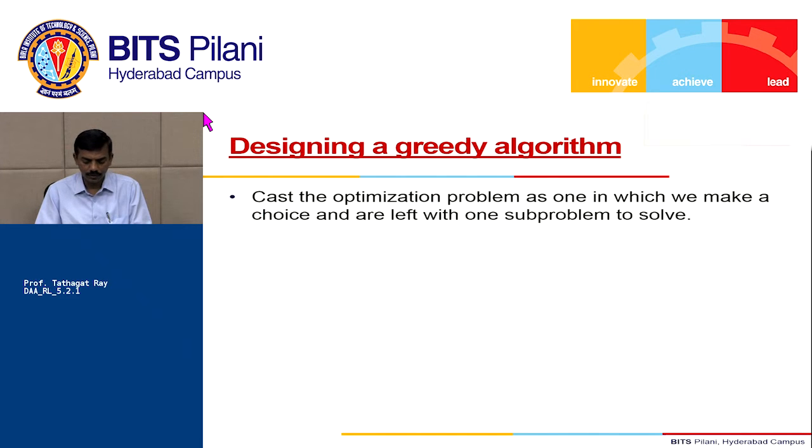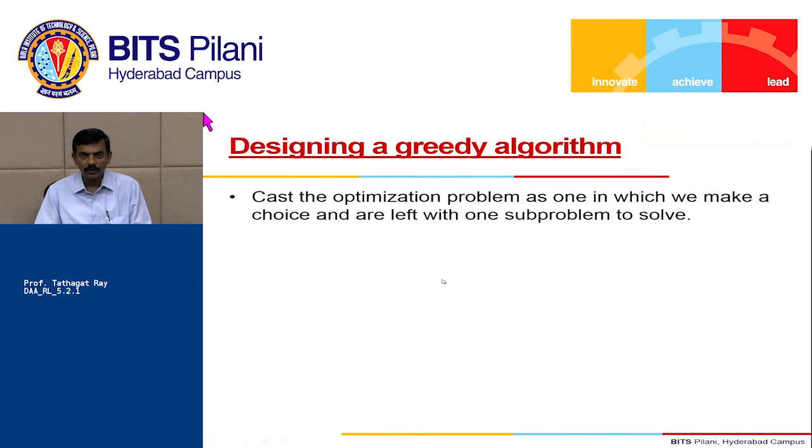algorithm. So typically, if you recall, greedy algorithms are applied on optimization problems. So you want to cast your optimization problem as one in which we make a choice and we are left with one sub problem to solve.